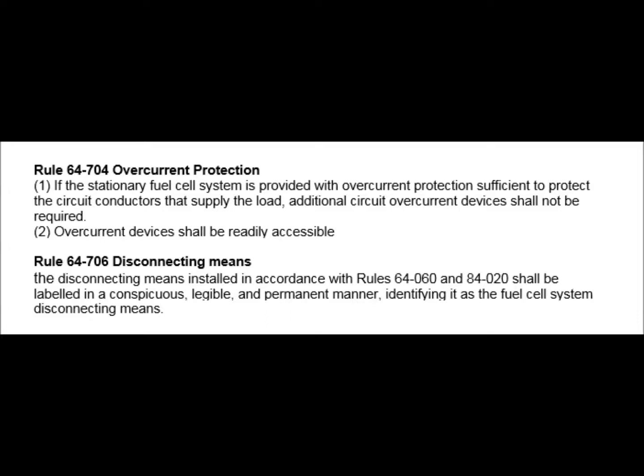The disconnecting means installed in accordance with Rules 64-060 and 84-020 shall be labeled in a conspicuous, legible, and permanent manner, identifying it as the fuel cell system disconnecting means.